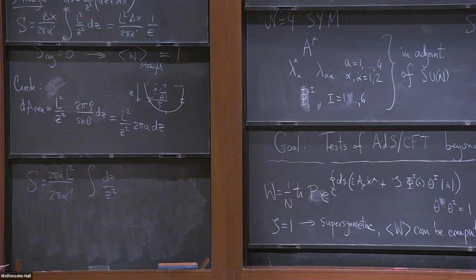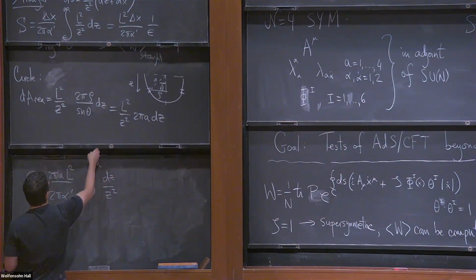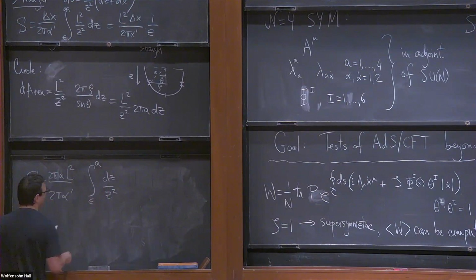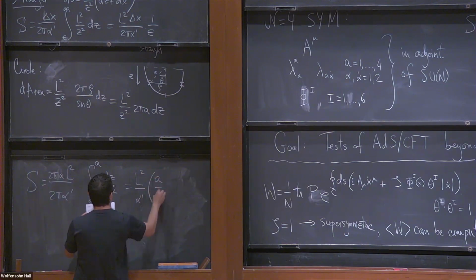But this time, it's from where to where? It would be 0 to the maximum z, which is a. But of course, again, it diverges, so it would be from epsilon to a. And this integral is L squared over alpha prime times a over epsilon minus 1.